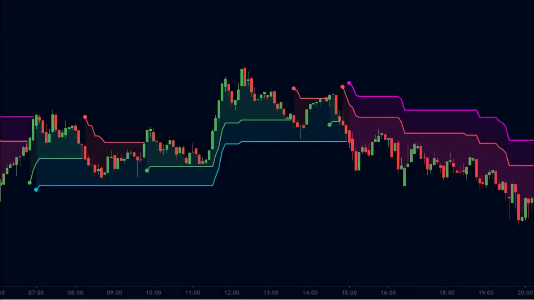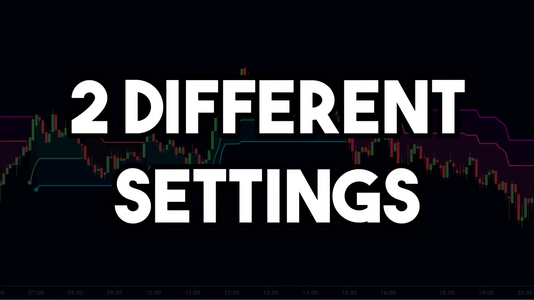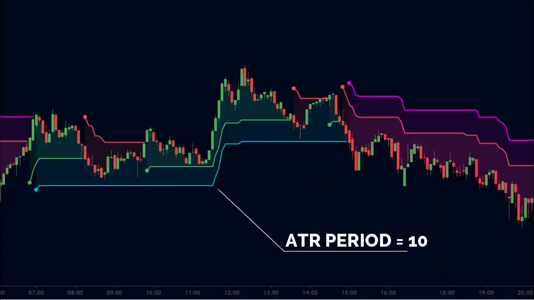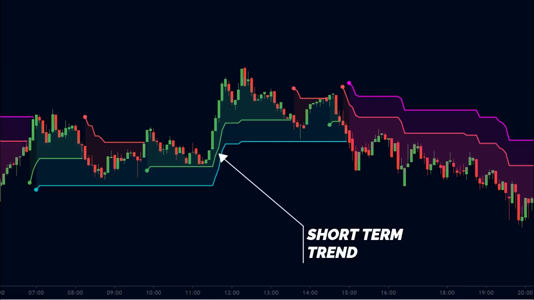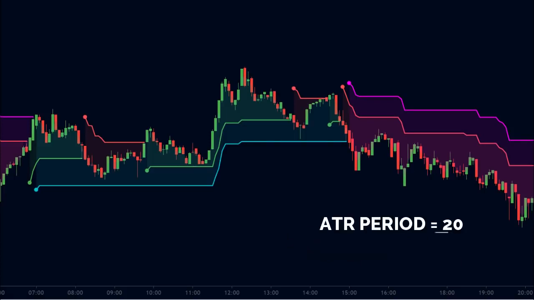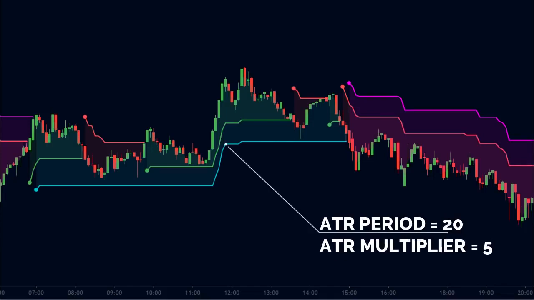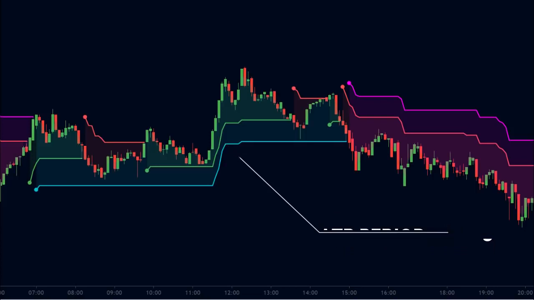Here's what I mean. We will use the supertrend indicator on two different settings. The first one will be the default supertrend with a 10-period ATR and a 3x ATR multiplier. This will show us the short-term trend of the market. The second supertrend will be a 20-period ATR and a 5x ATR multiplier.